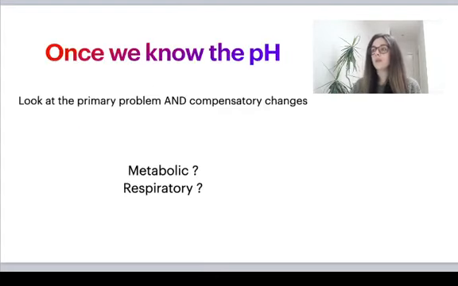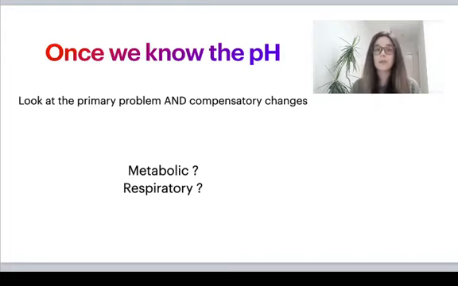Once we know the pH of our sample, we need to determine what the primary problem is and what our compensatory changes are. The primary problems we're going to look at today are metabolic disturbances and respiratory disturbances.